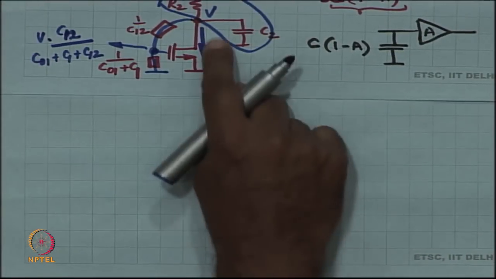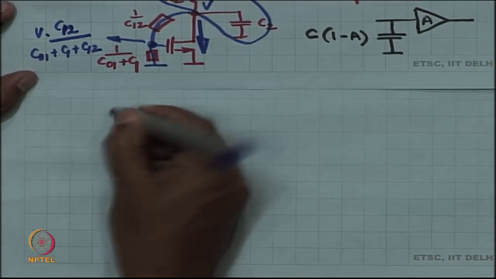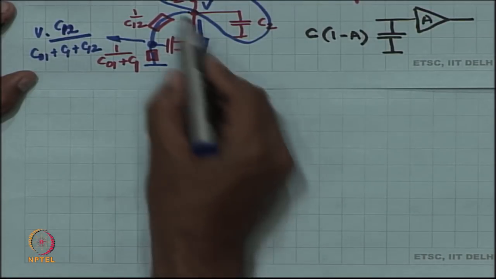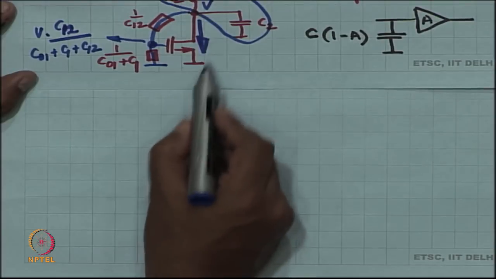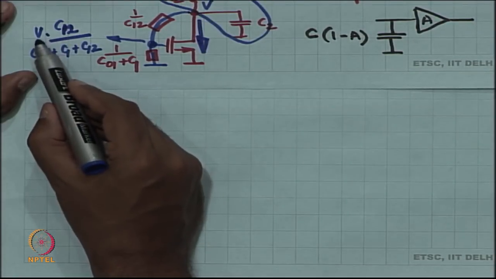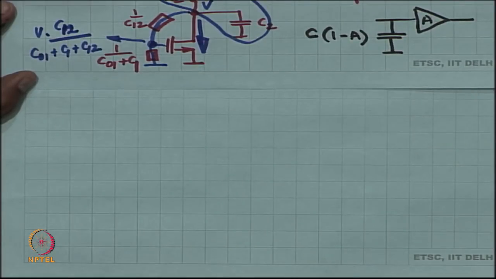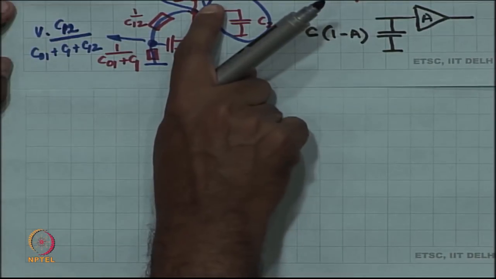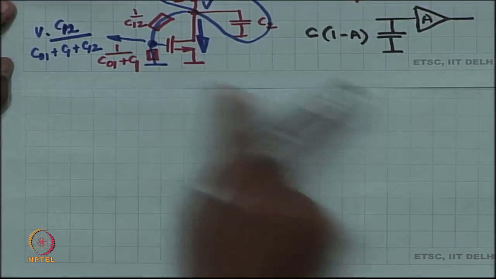You see what I mean, this MOSFET is just Gm. It is drawing current Gm times the gate voltage at this high frequency. I apply V, and the MOSFET starts drawing current.